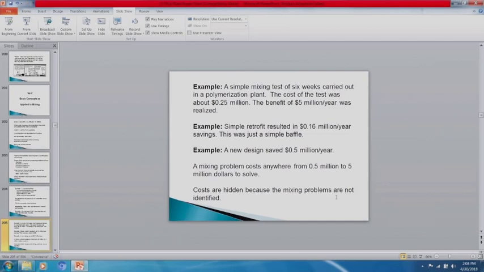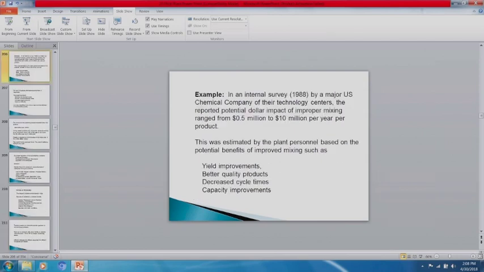Costs are hidden because mixing problems are not identified. This is very, very true. People simply tolerate the situation. An internal survey of a major chemical company reported a potential dollar loss from improper mixing ranging from $0.5 million to $10 million per year.